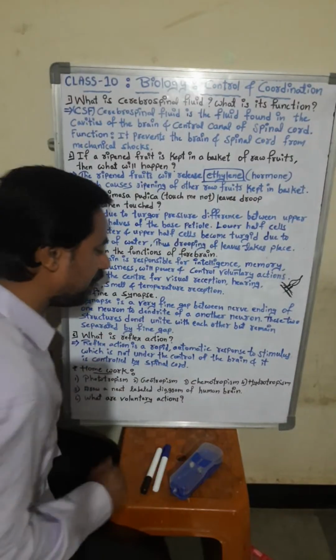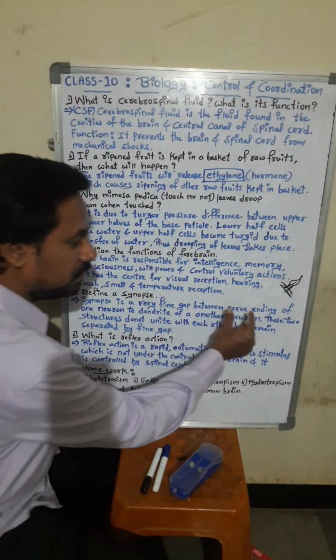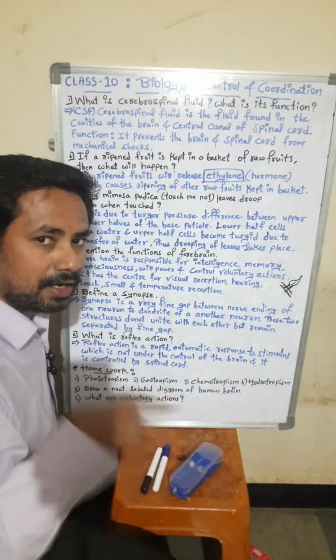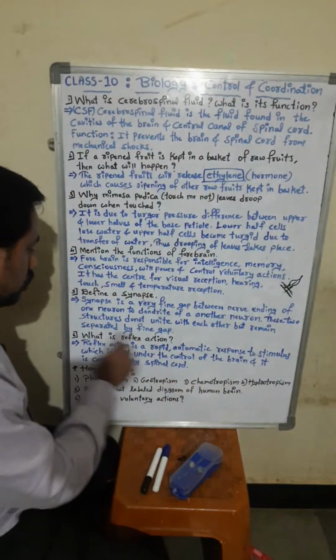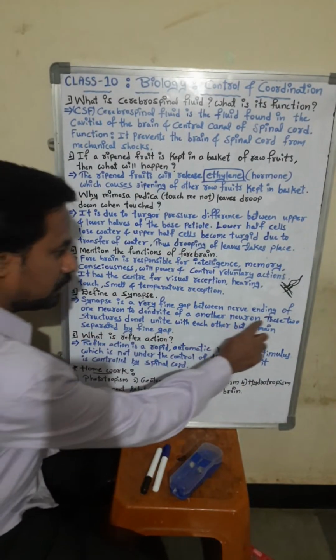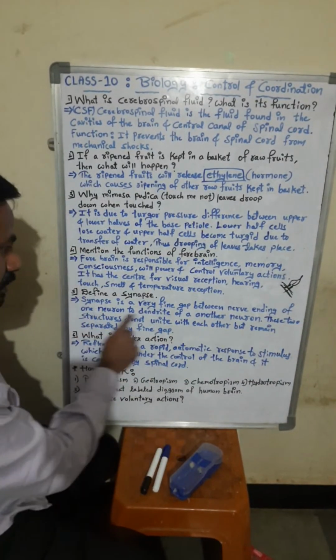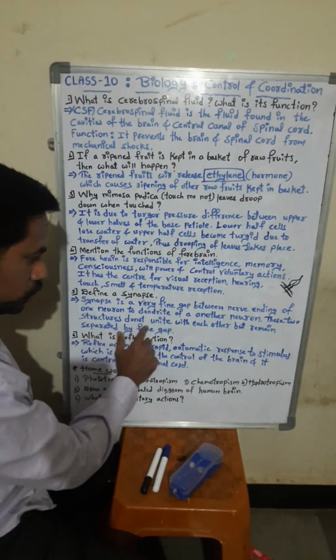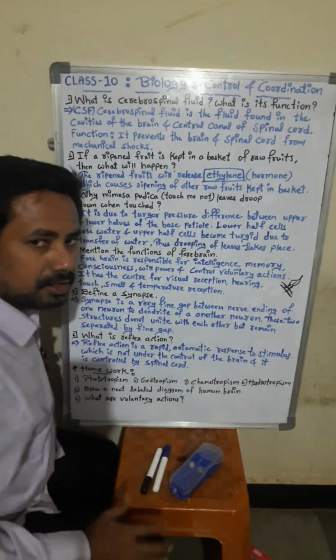Synapse is a very fine gap between the nerve ending of one neuron and the dendrite of another neuron. So these two structures, nerve ending and dendrite, do not unite with each other.